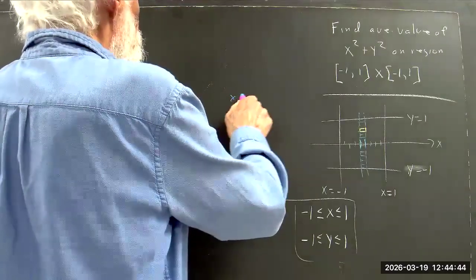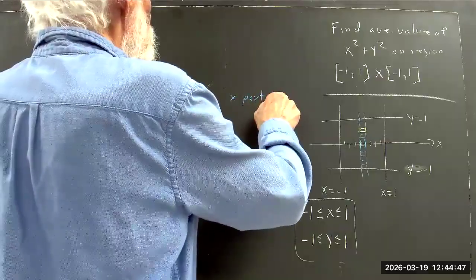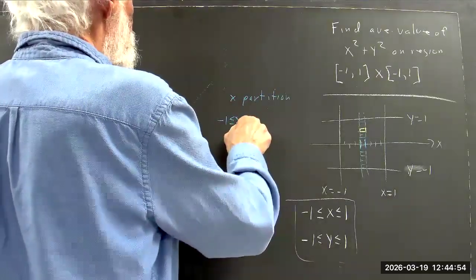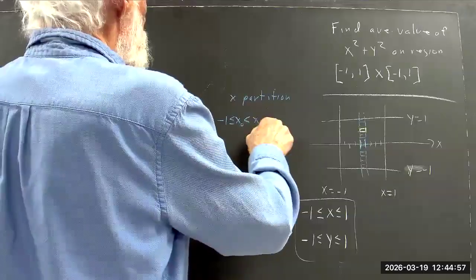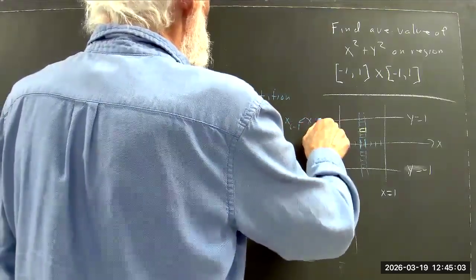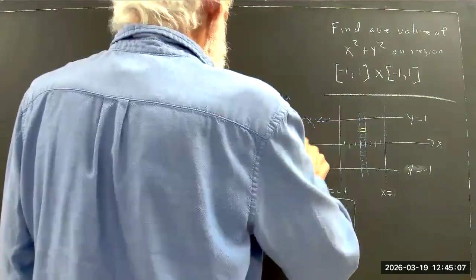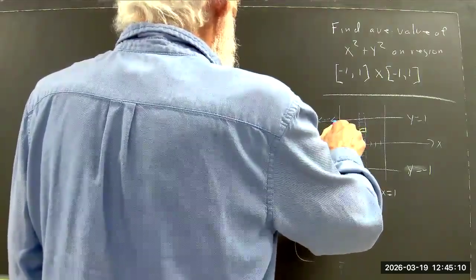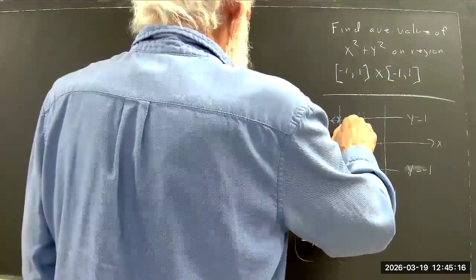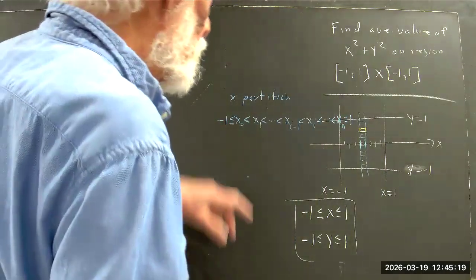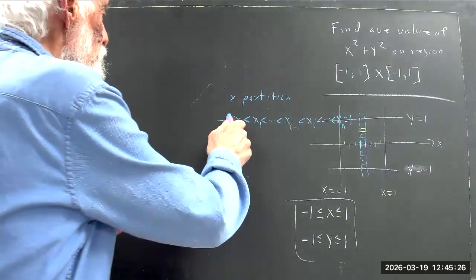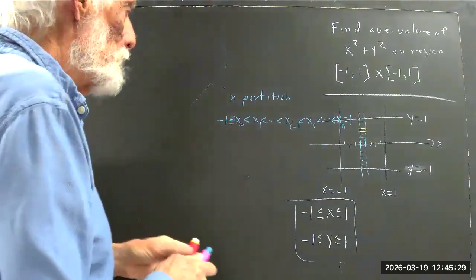So our x partition says x naught is equal to -1.